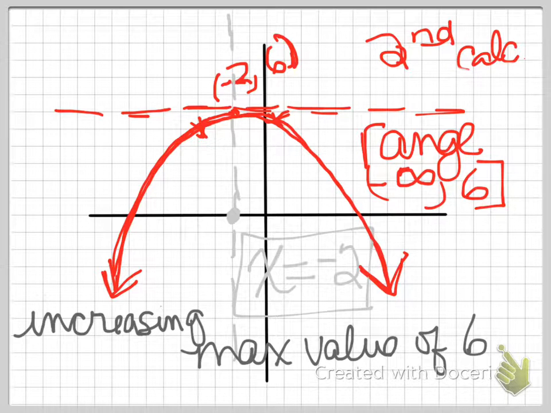Again, we're going to split this parabola in half. And along this half of the graph, we would have to be climbing uphill if we were going to the top of a ski slope. Our slope is positive here, so our graph is increasing. And that's what you would put.